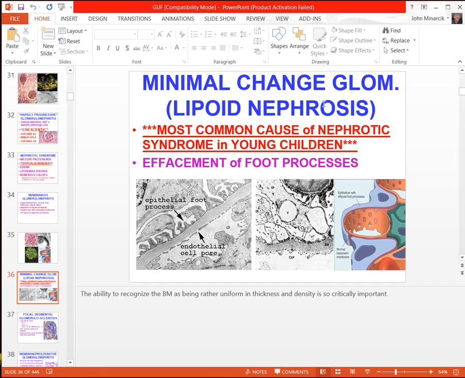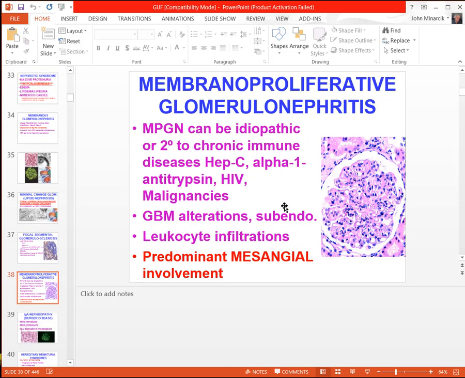Lipoid nephrosis in children, most of it is in children, also called minimal change glomerulonephritis, is the most common cause of the nephrotic syndrome in young kids. In fact, I know somebody whose little brother had it. So that's factoid number 3? Let's go to slide number 42 now.